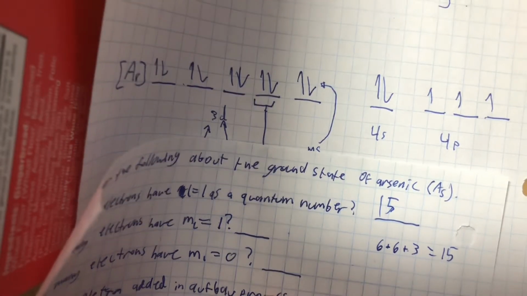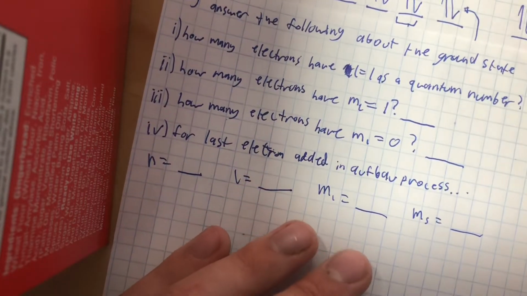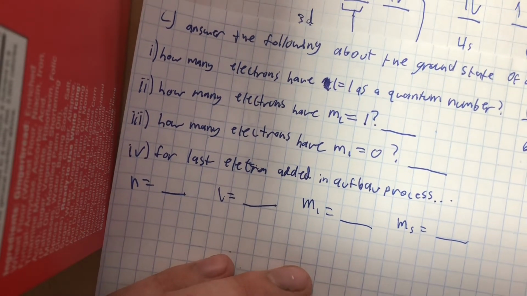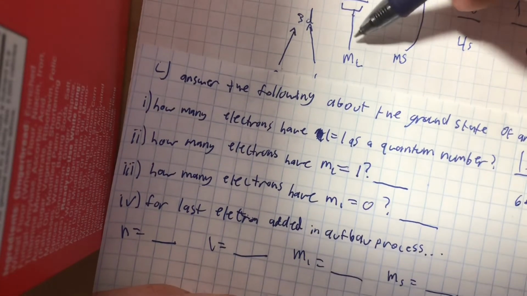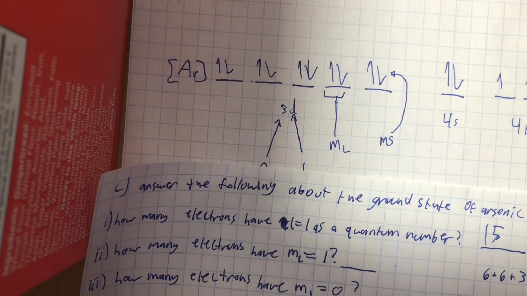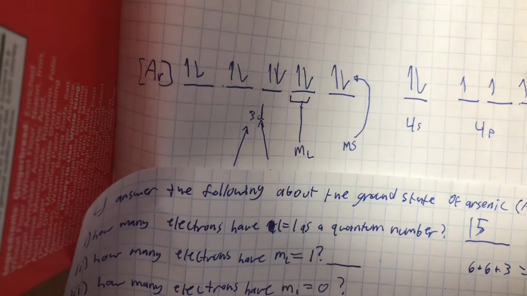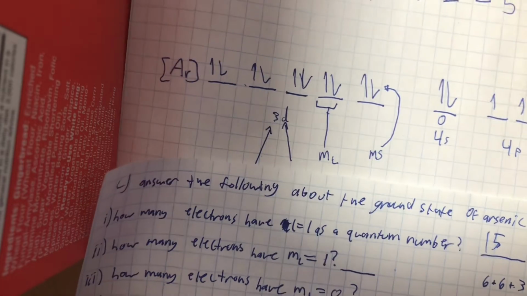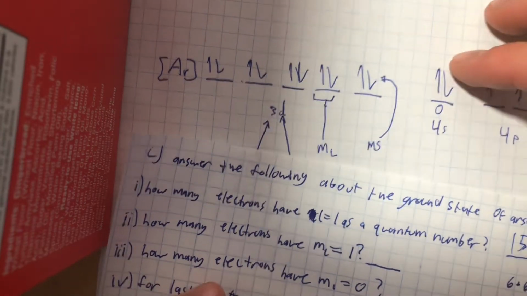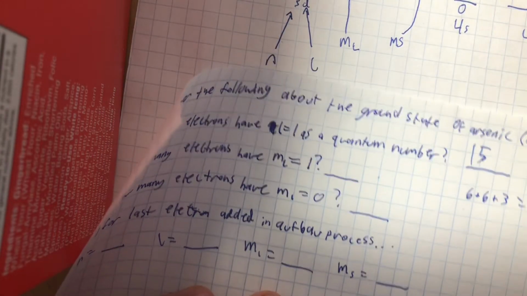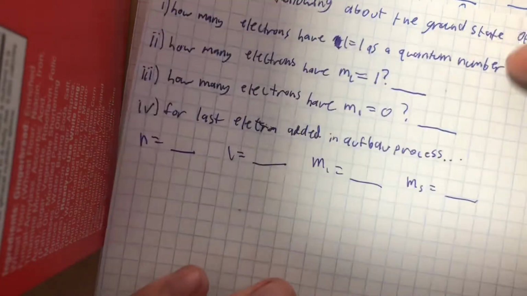Okay, then it asks, how many electrons have an ml equal to 1? So remember, ml equals 1 just means the position, the orbital in the subshell. So if ml equals 1, we can disregard all the s subshells because those always have an ml value of 0, because there's only one of them. We're working with p and d subshells here because we're disregarding those s subshells.